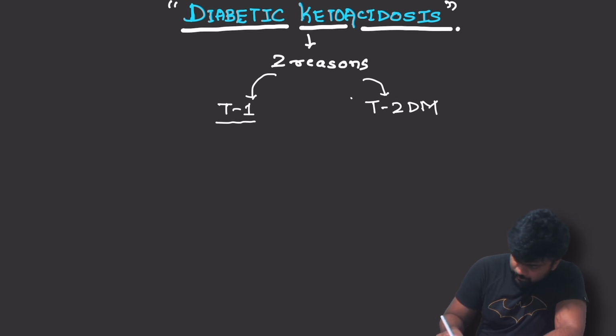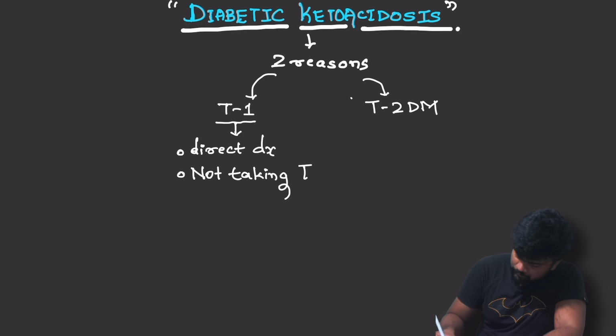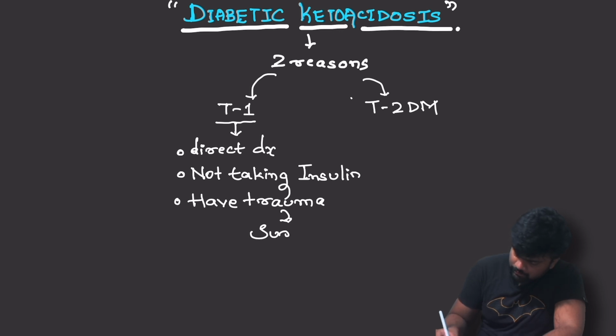Whenever it is type 1 diabetes mellitus, it is because of either direct diagnosis, or not taking insulin, or having any trauma. That may be surgical or accidental.